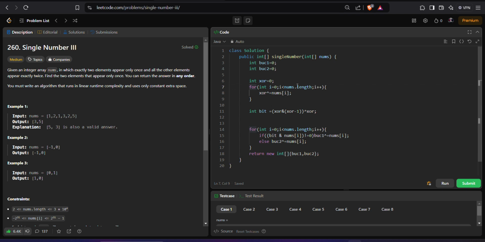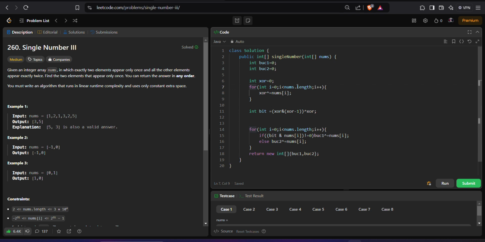Now moving towards the most optimal solution, the intuition that helps us in solving this question is this: when we XOR all our elements, for the two elements that are present only once, there must exist a bit that is not the same in those two elements, right? Because if all the bits of two numbers are the same, they are equal, but they are not. We are given in the question that exactly two elements are different from each other.